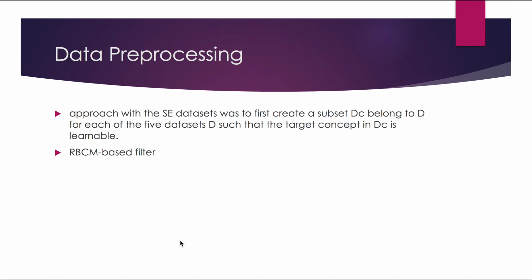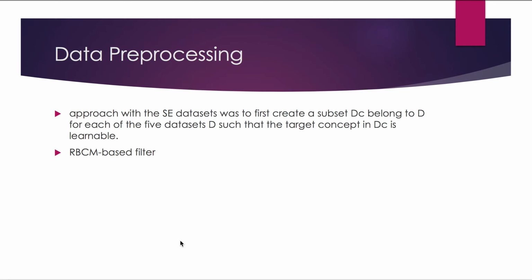The technique they are going to apply is called the RBCM based filter, which was proposed by the same research group. Basically, numerous classifiers were constructed using the filtered dataset DEC with few or no misclassified examples.